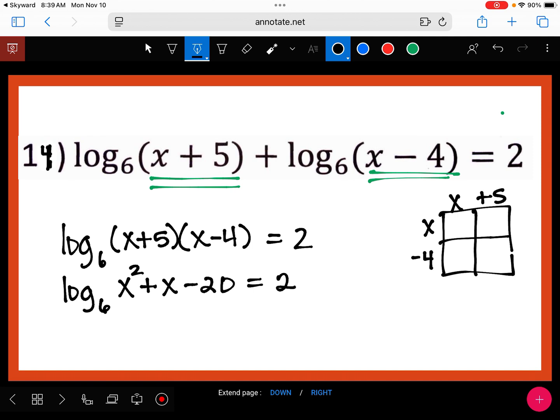Did you get x squared plus x minus 20 when you multiply them? All right, let's do your rewrite.